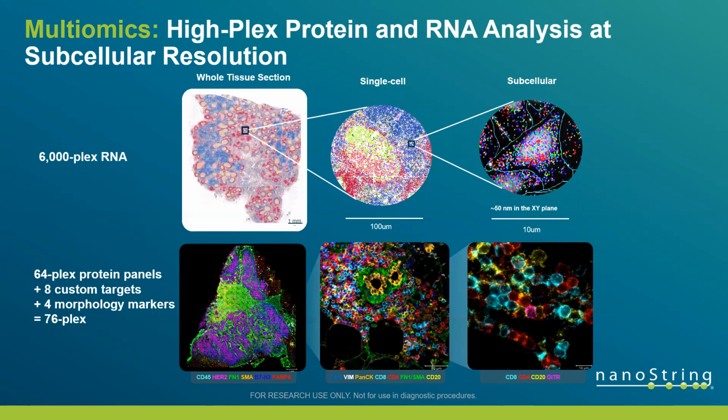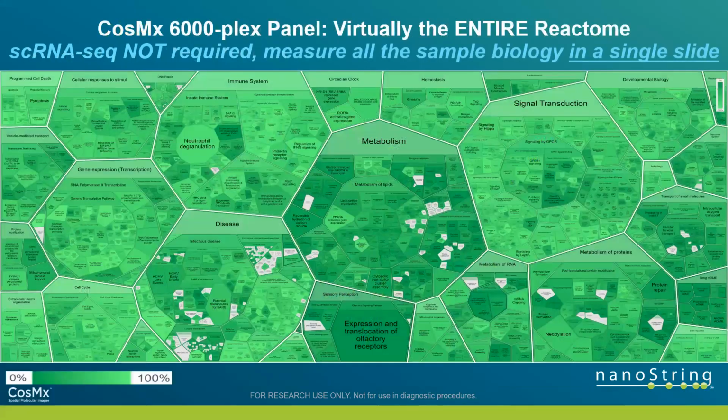At 6,000 plex, the amount of information generated is a very rich data set. And then being able to layer in protein analysis with morphology markers and custom targets for quantification just provides a really rich data set. So with our 6,000 plex panel, we're really excited about the amount of discoveries and insights that can be made using this type of approach, and the amount of content that's generated there.